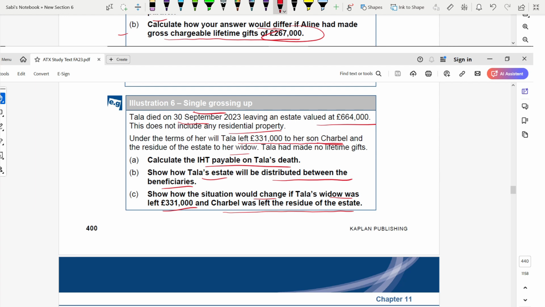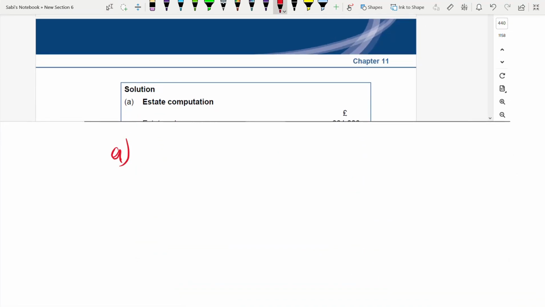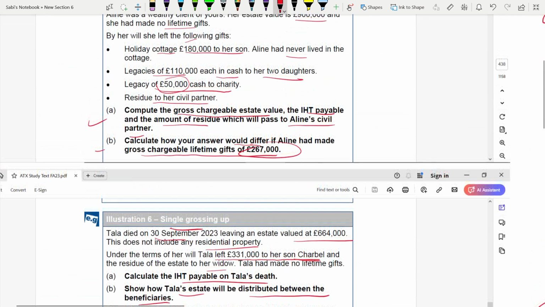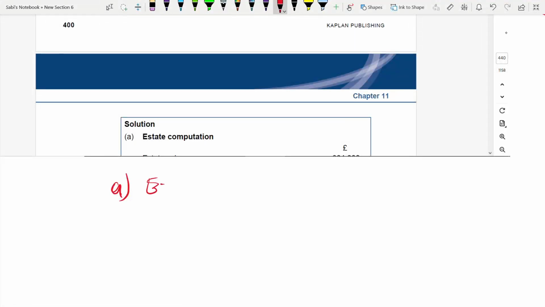So now we'll quickly do part A. Okay. Estate value 664. Always start with estate value. 664,000.